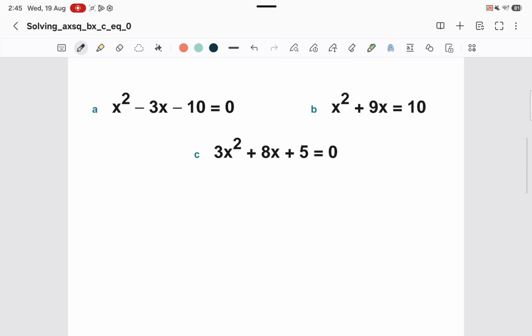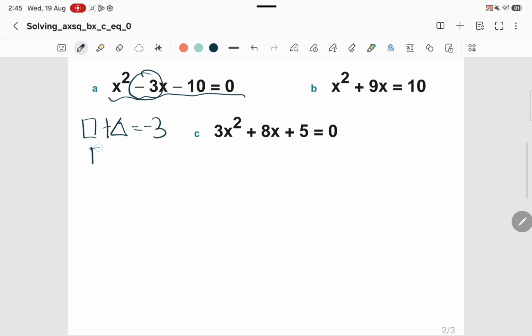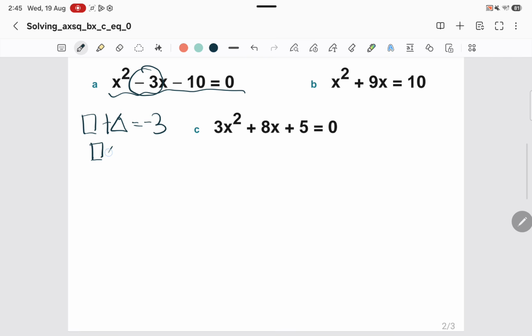The first thing you have to do is try to factorize this expression. That basically means finding the pair of numbers that add up to -3 in this case, and multiply to give -10. Think about pairs of numbers that make -10, like factors: 1 and 10, 2 and 5.